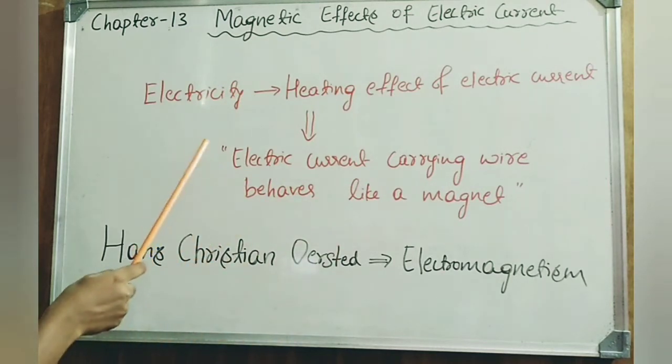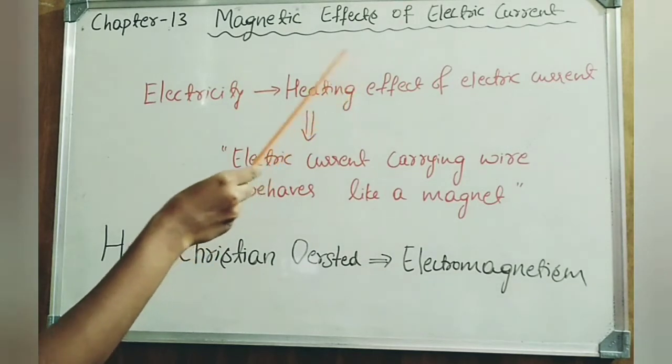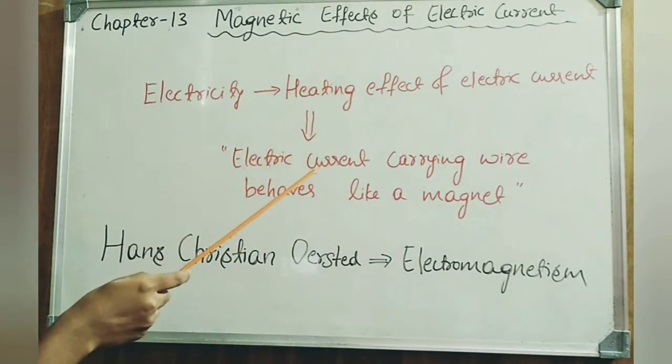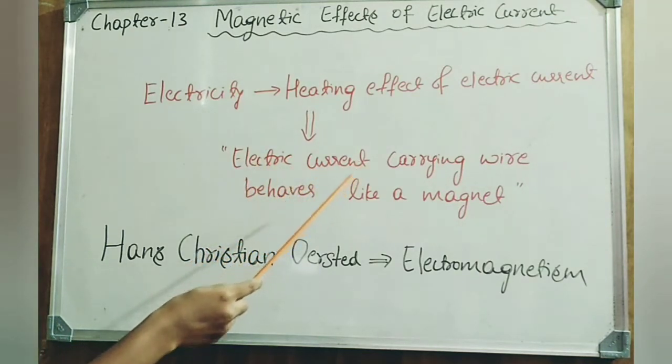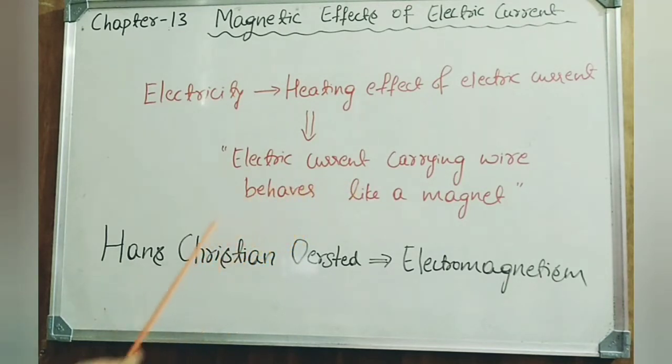In the last chapter, electricity, we learned about the heating effect of electric current. Based on that, scientists gave a statement that an electric current carrying wire behaves like a magnet, and that scientist is Hans Christian Ørsted.